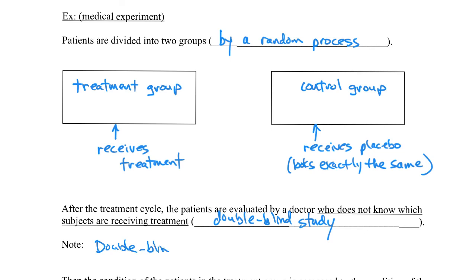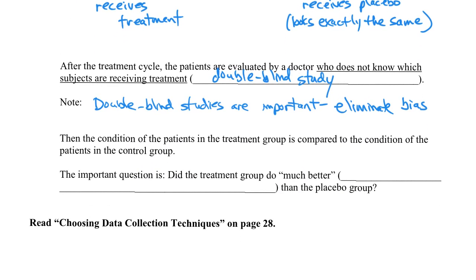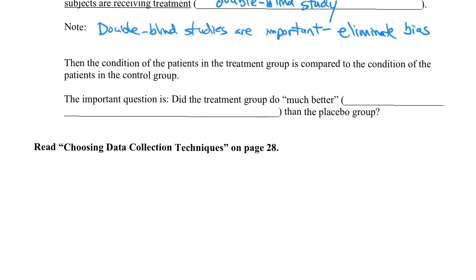These double-blind studies are important because they eliminate bias. There's a lot of bias that will be eliminated if you have a double-blind study. So let's see, the condition of the patients in the treatment group is compared to the condition of the patients in the control group.